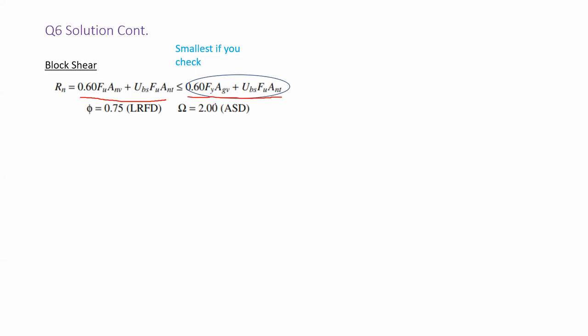Here you can see that there is Fy and Fu. In this equation, you can see that you have Fu and Fu. For our condition, it appears that this equation is actually the smallest. And it tells us that the area in shear would yield and the area in tension would rupture.